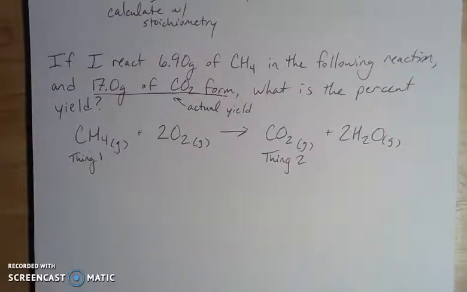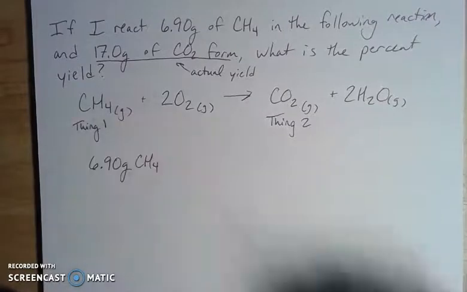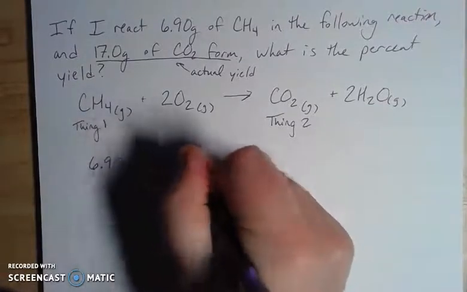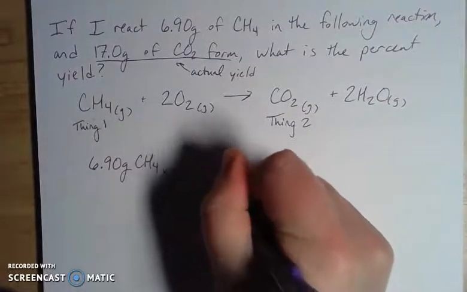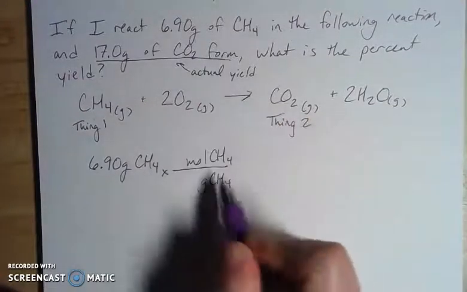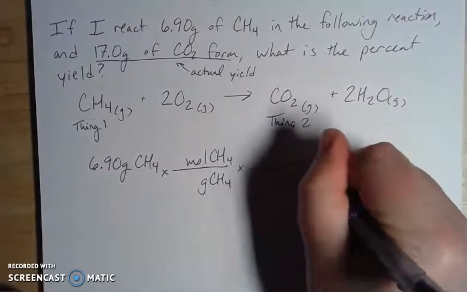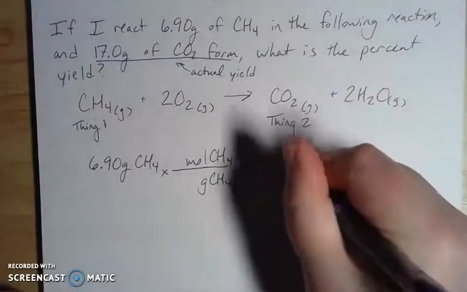So I can set it up starting with the thing that I'm given, so my mass of my thing 1. There's my grams of methane. Now I need to go from grams of methane to moles of methane. Grams to moles. Then I'm going to go from moles of thing 1 to moles of thing 2.